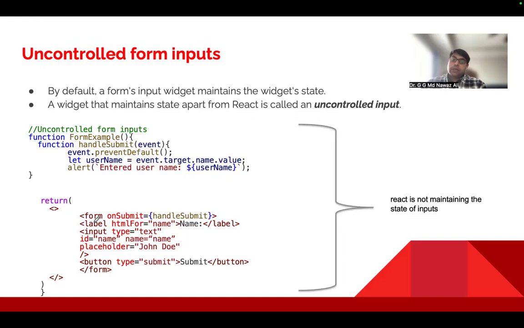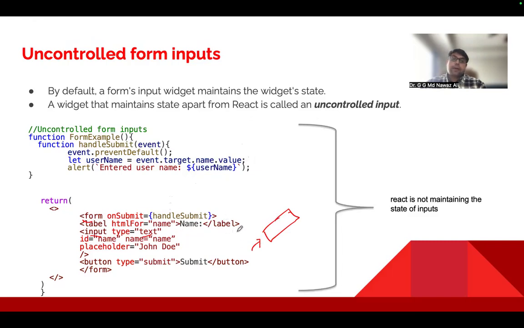Now, if it is an uncontrolled input, it means that you are not controlling the widget state. So, for example, here we have a form, and the form has an input. The type is text. So it creates a text field where you can take the username. Initially there is nothing, and React is not setting the initial value. The widget itself knows what the initial value is.